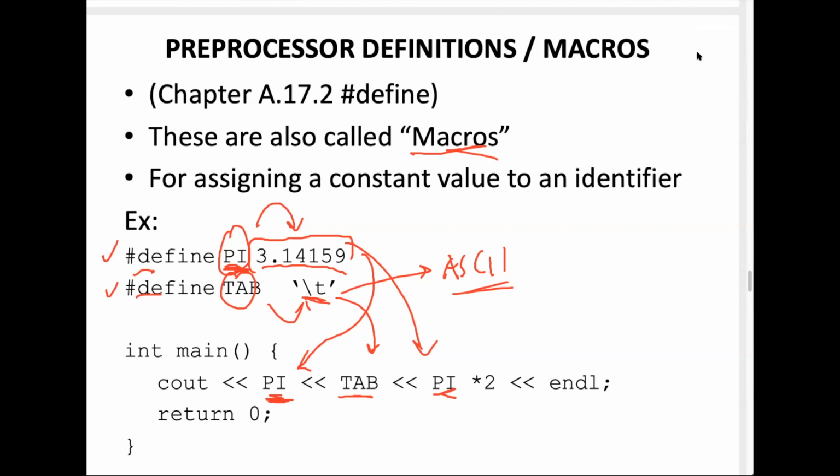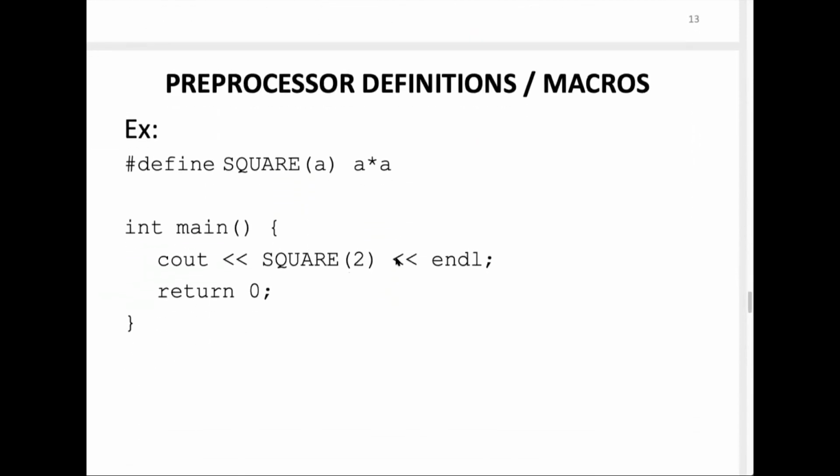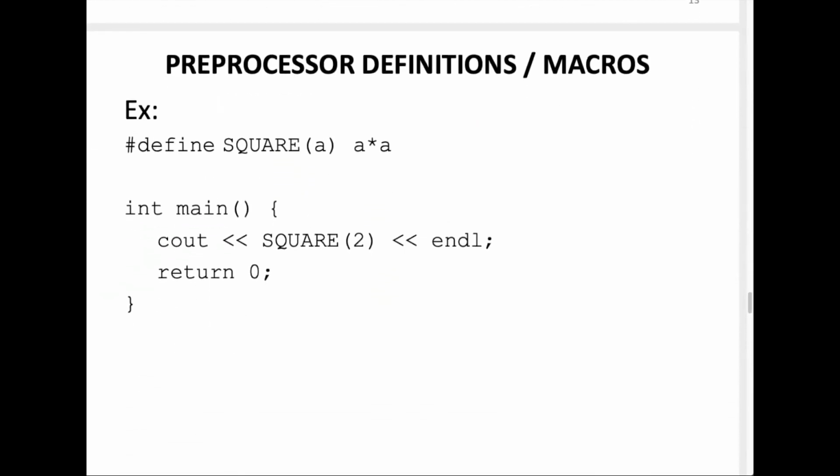Let's look at another macro in the next slide. This is an example where you can write once and use multiple times. Reusability is important, where you can declare a function, and this function is a macro. It's a template that says I'm going to replace this with something.